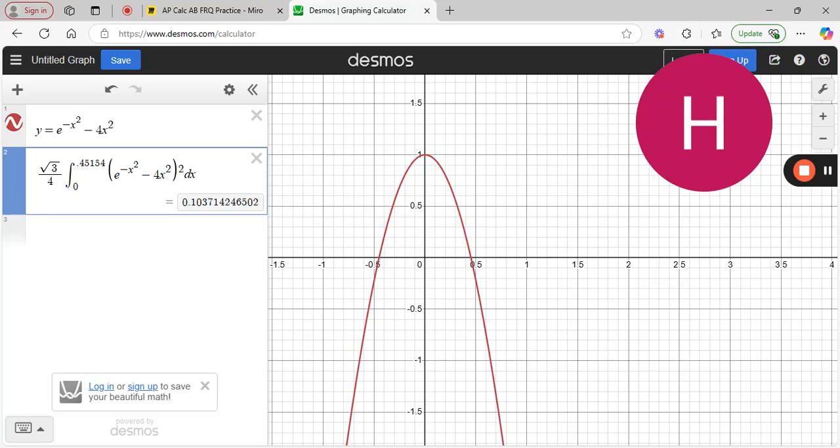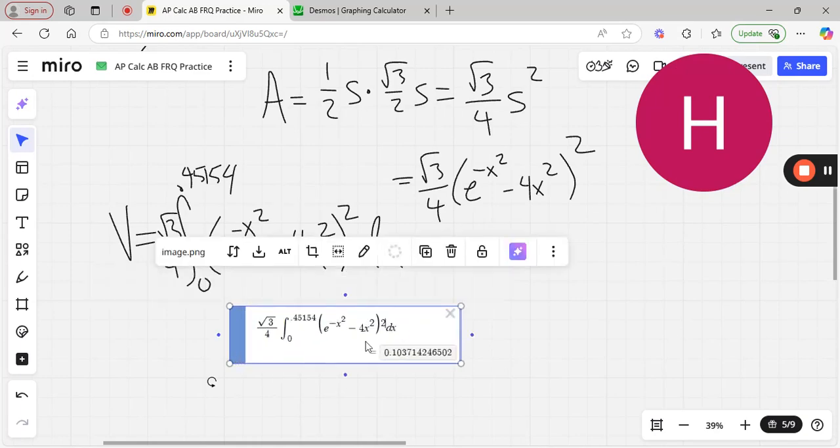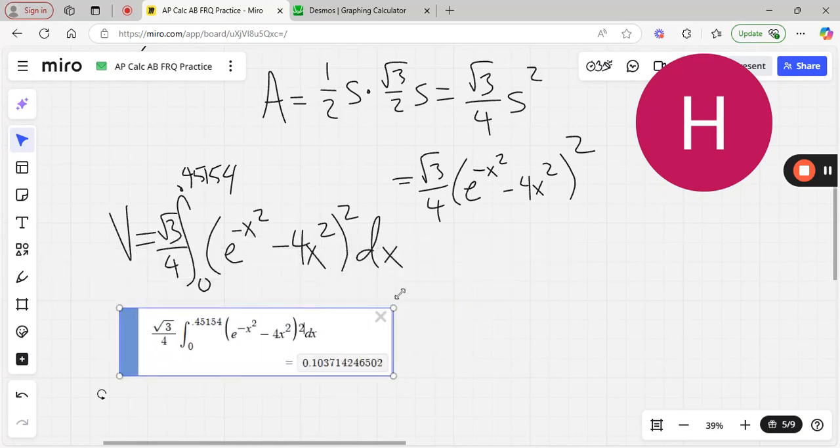Surprisingly, very small area. I guess that makes sense because we're not revolving it, so it's just within this region, basically. Okay, so we get 0.104. That's how it rounds, right? That's how we round it there. So 0.104.